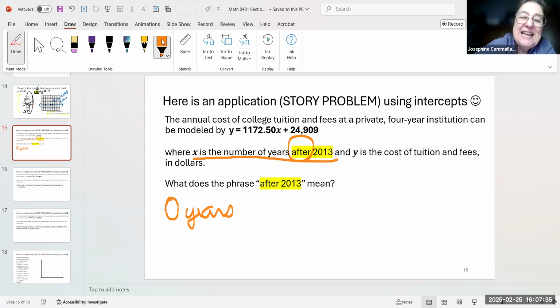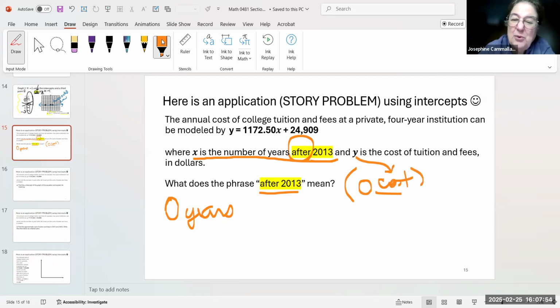So after the year 2013, we are looking at the ordered pair 0 and then a cost.